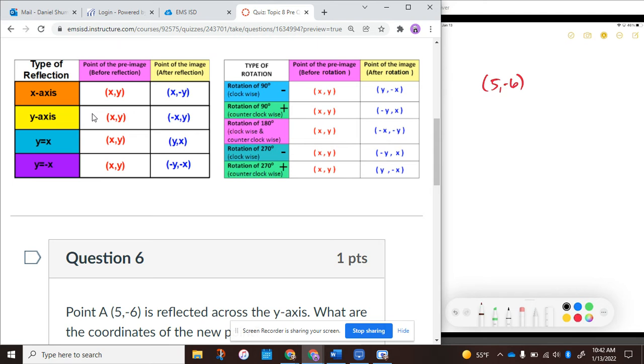We start off with our original x and y right here, and it tells us that when we change, we should end up with -x, y. That means we should have the opposite of our original x value and the same exact y value as we had before. So we're going to have the same y value, still going to be -6, but now we're going to have the opposite x value. So it'll be -5.